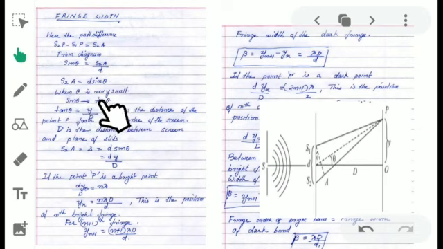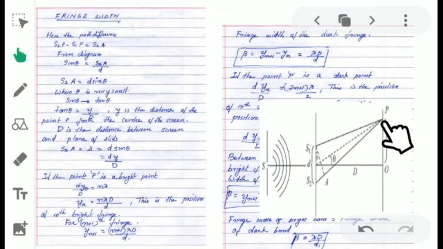When theta is very small, we can take sin theta equal to tan theta. Then from this triangle, what is tan theta?